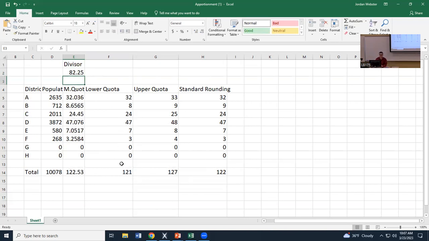Nah. It's got to be somewhere between 82.5 and 82.25. Notice how this would take a really long time doing this by hand.